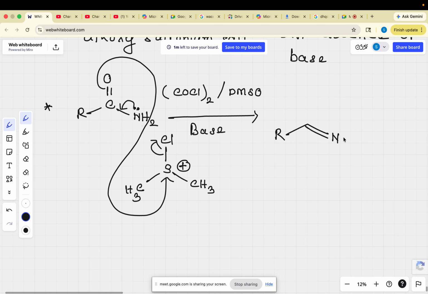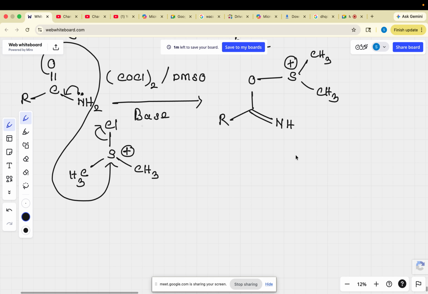You can show NH directly or you can show NH2 plus, no matter. And here you will get oxygen attached to sulfur, and you have two methyl groups here. So ultimately you will get double bond NH, sulfur is getting positive charge.